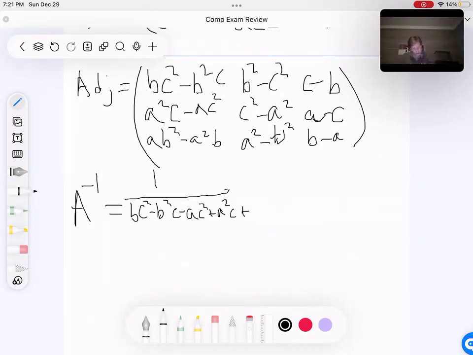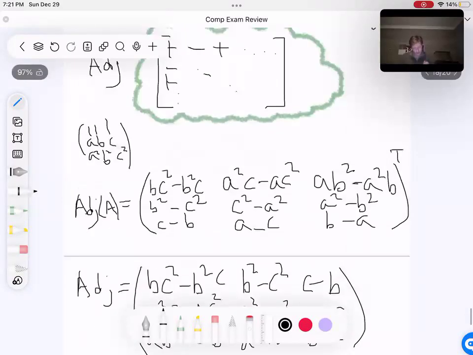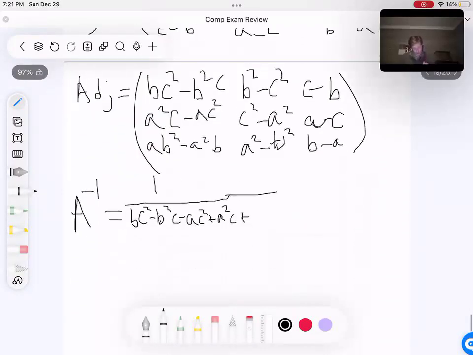Plus, I think it's a b squared, yes, minus a squared b. A b squared minus a squared b.